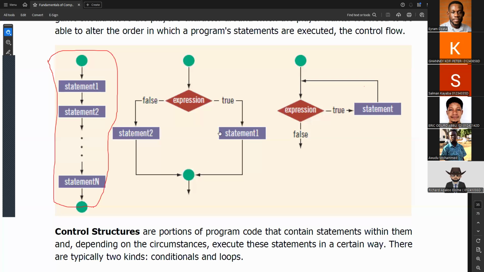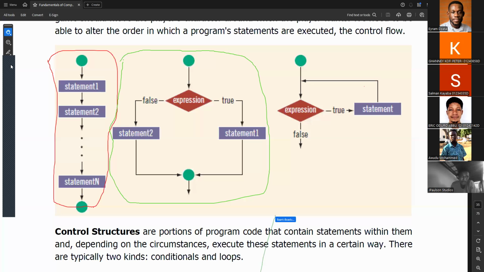Then we have this one here, which is the branching selection approach. Let me just circle that for you to see. So this is the decision-making one, or what we call the branching statement or the selection statement.